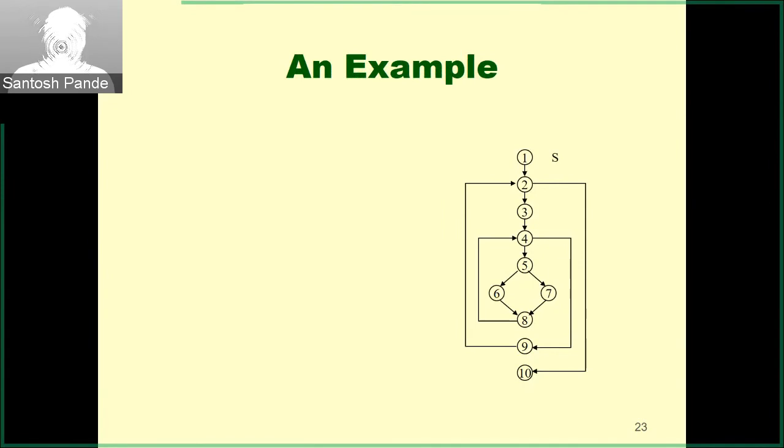In this particular case, you can see 5 directly dominates 8. However, 4 does not directly dominate 8, because 4 dominates 5, and 5 dominates 8.